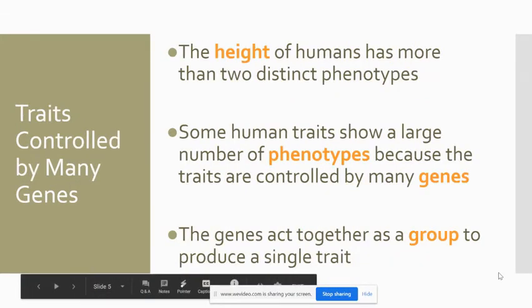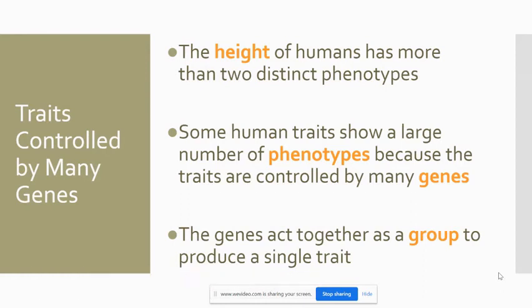Then you have traits that are controlled by many genes. The height of humans has more than 2 distinct phenotypes. People aren't just all tall or all short. We have every height in between. So that means that some of these traits show a large number of phenotypes because they're controlled by many genes, and then they act together as a group and they kind of combine all of their information to determine what your specific trait, what your height is going to specifically be.